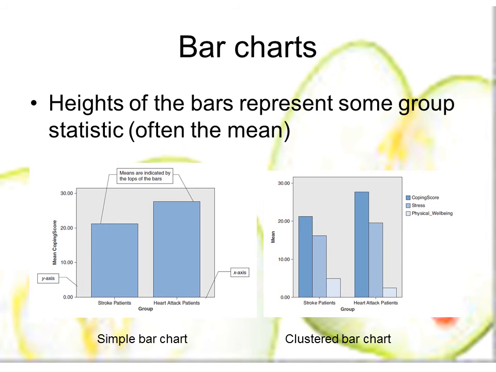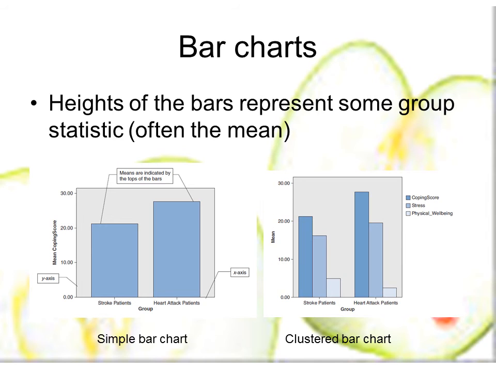So you look at the stroke patients, and you look at the heart attack patients, and their coping skills once again are much higher, as well as their stress skills, and their overall well-being is that they're not nearly as healthy, obviously, as the heart attack patients.